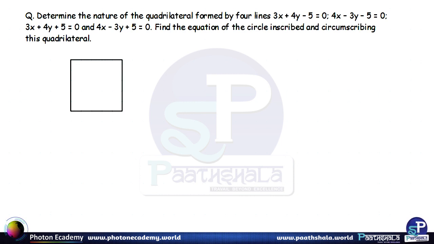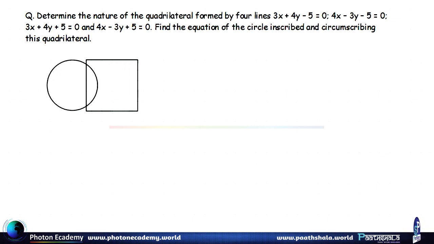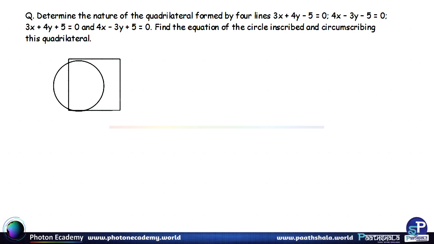And we are given that we have to find out the equation of the circle inscribing and circumscribing the quadrilateral. So let's draw the circles as well. So this will be the circle inscribing.